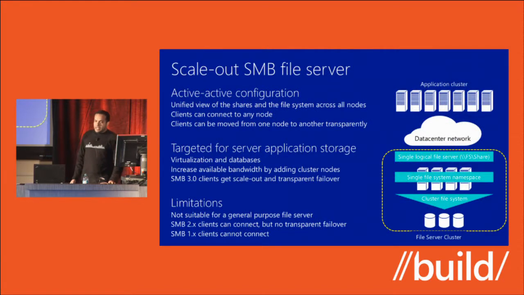The other configuration which is now possible is called the scale-out file server. This is an active-active configuration in the sense that the same share, in this case //fs/share, is visible across all nodes in the cluster. And it's accessed via the name fs and the share name as share. Now what backs this behind on the cluster is a cluster file system.